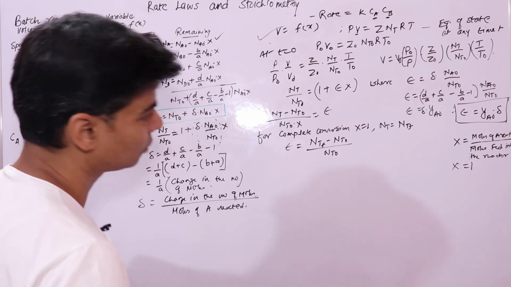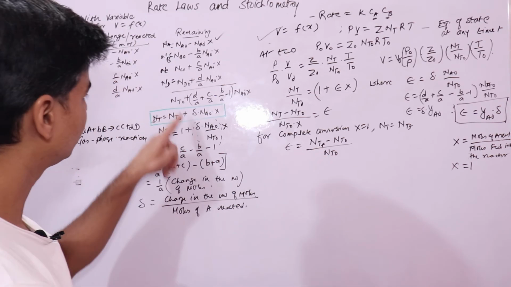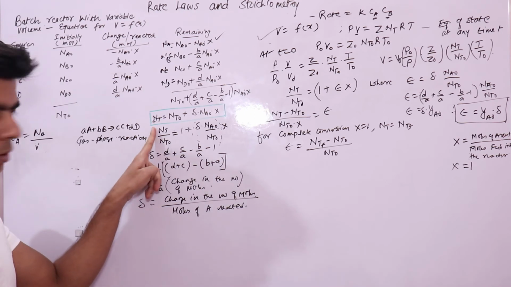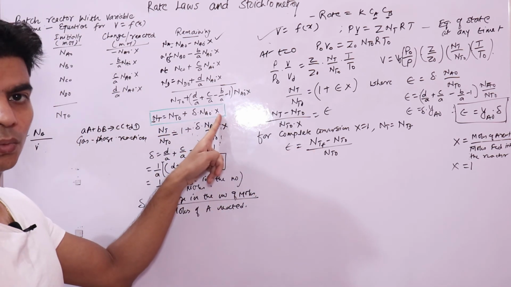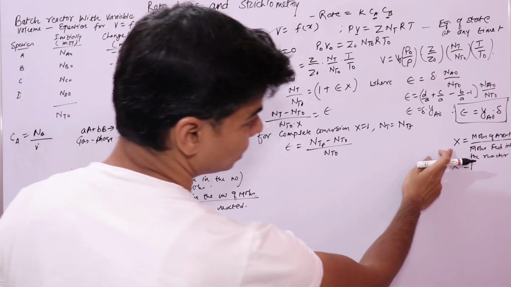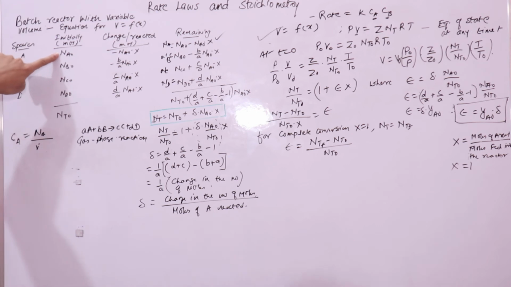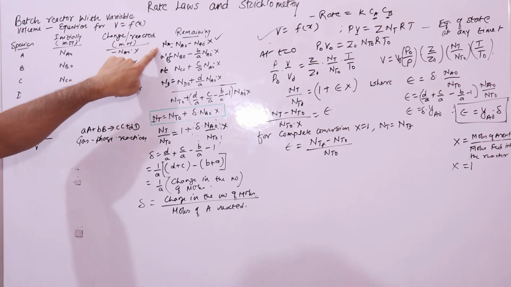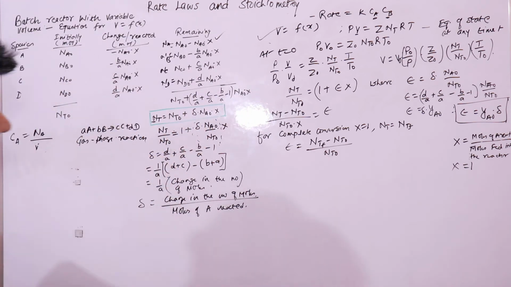NTF is when x is equal to 1. That means when the total number of moles of A that you have fed into the reactor have reacted, at that point the total number of moles will become NTF, right?